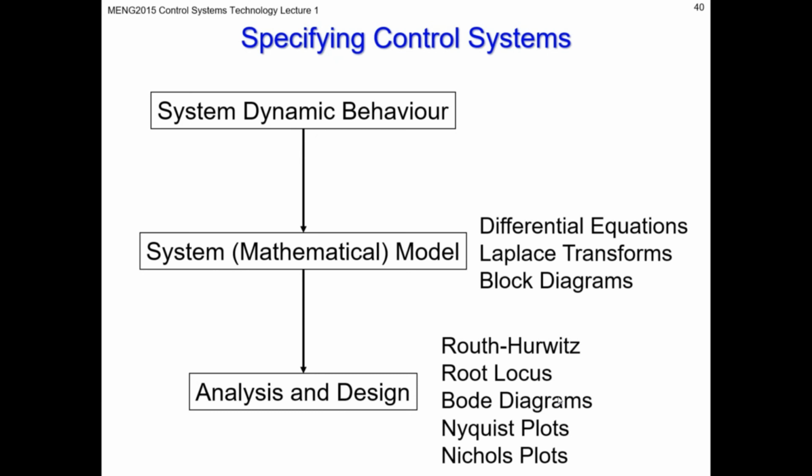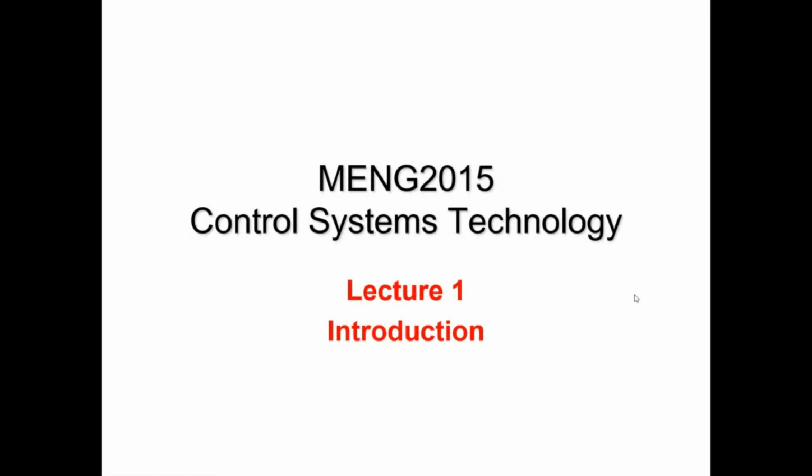And of course, there are other tools which we'll come to a bit later, like different ways we can create or implement a controller, and we'll learn about those as well. Then we'll analyze it using these same tools and see how our controller design affects the overall dynamic system behavior. So that's just an overview to wrap up the introduction.